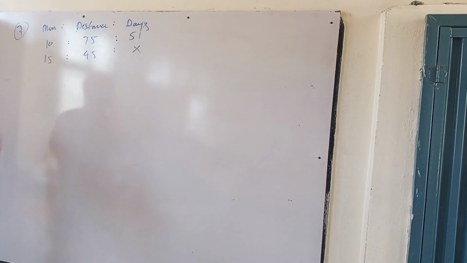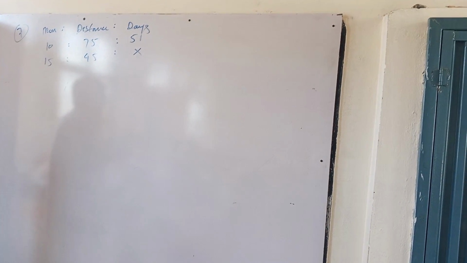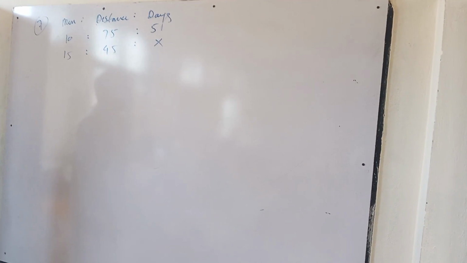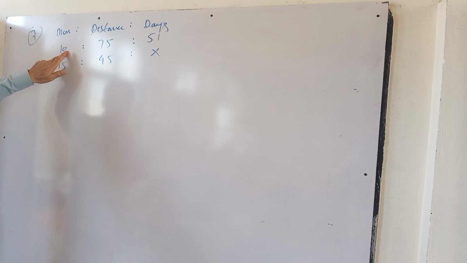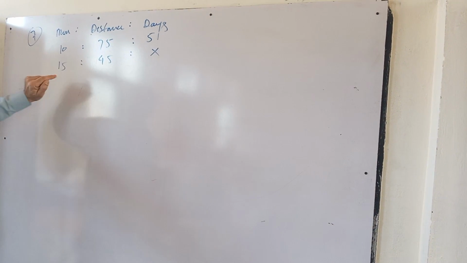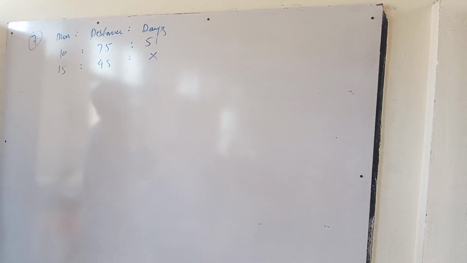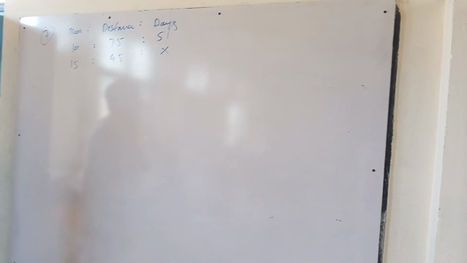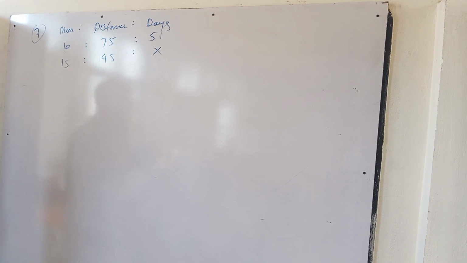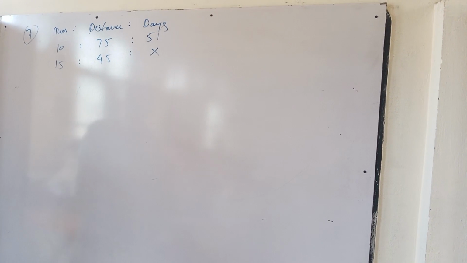So here the relation is inverse, because here the men are 10, days are 5, and if the men are increased, the days will be decreased. So here the relationship is inversely proportional.